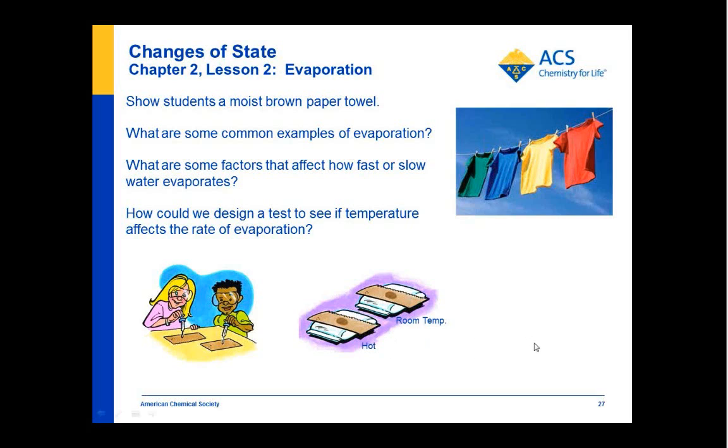You only need maybe a fifth of a bag of hot water and the same amount of room temperature water. Then you have kids put a drop of room temperature water on each of 2 pieces of brown paper towel, because you want this to happen pretty quickly, so you only use a drop. And then you move them to the hot bag and room temperature bag, and you just observe.